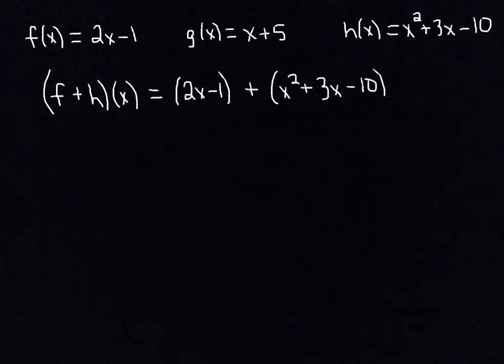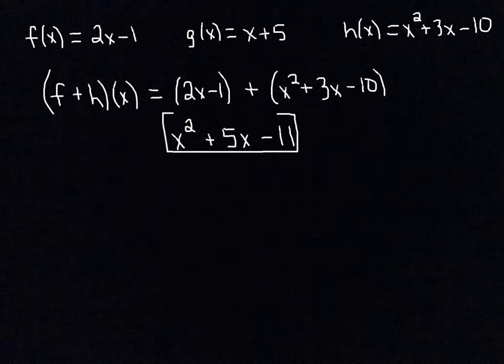So we have common terms. We have x squared, and we have a 2x plus a 3x. That gives me 5x. And we have a negative 1 plus a negative 10. Negative 1 plus negative 10 is negative 11. So when you add these two functions together, in this particular case, you get x squared plus 5x minus 11.